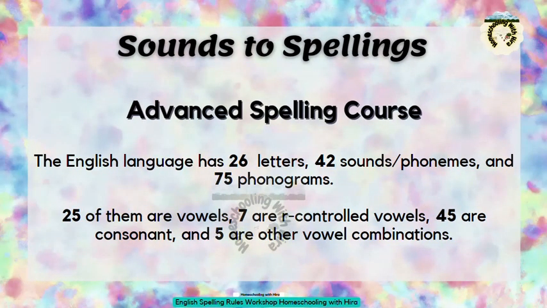So let me quickly give you an overview about English spelling. Since it's an advanced spelling course, we will begin with the basic things. So I hope you already know that English has 26 letters, but these 26 letters make 42 sounds. Sounds are also called phonemes, but we'll keep it simple, 42 sounds.